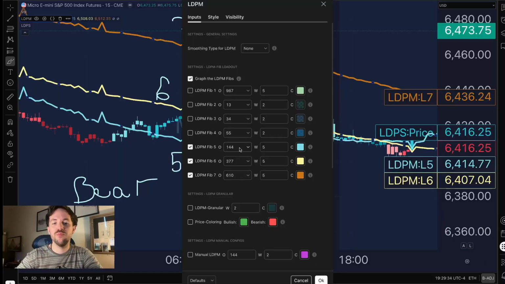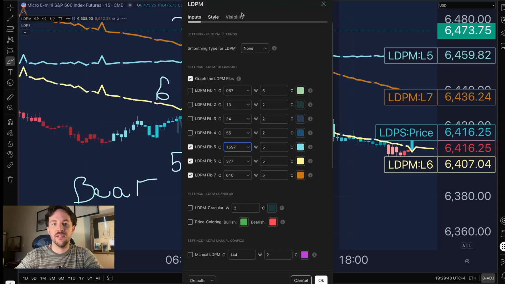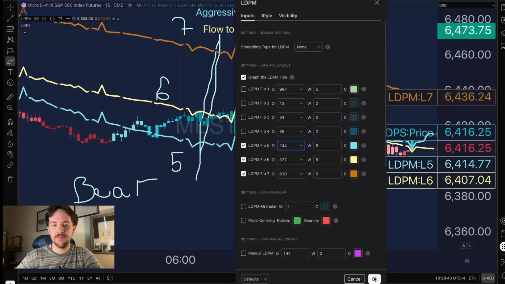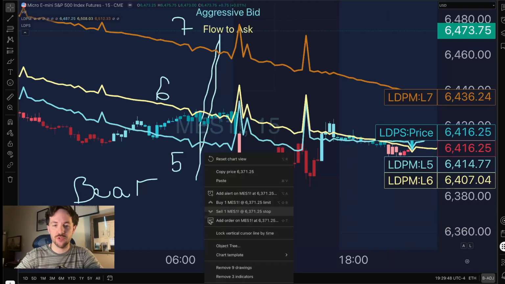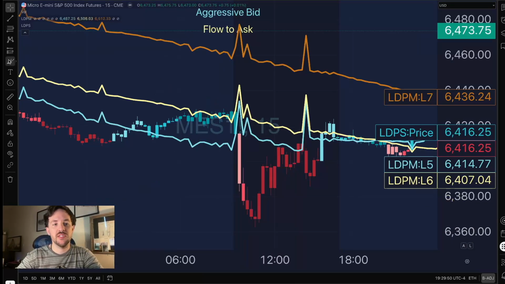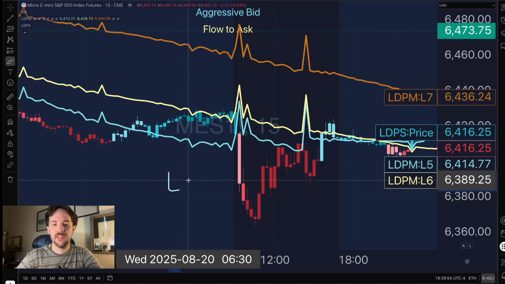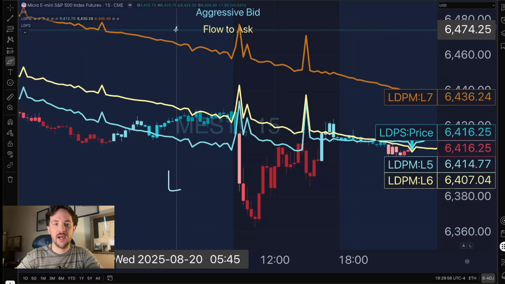The point being, if we were to make this 1597, then 5 is no longer the lowest order LDPM, and we have to keep that in mind when we're looking for those bearish and bullish stacks. Because in the grand scheme of things, the bearish stack is when the low is low and the high is high.